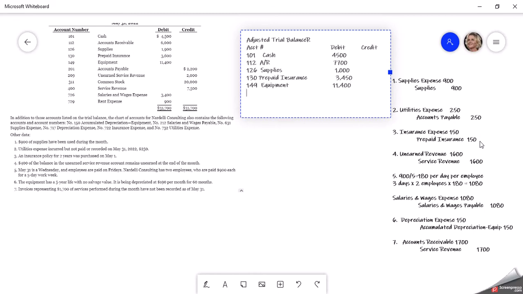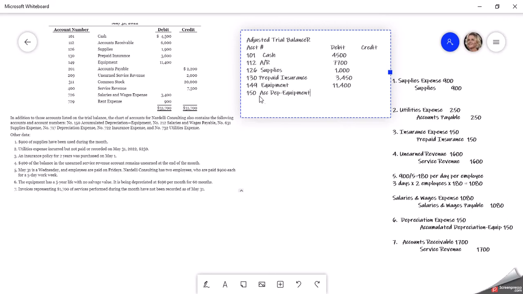But then now we add this new account called accumulated depreciation equipment, which is 150 is our account number. I'm just going to abbreviate those a bit just so everything fits on my screen.